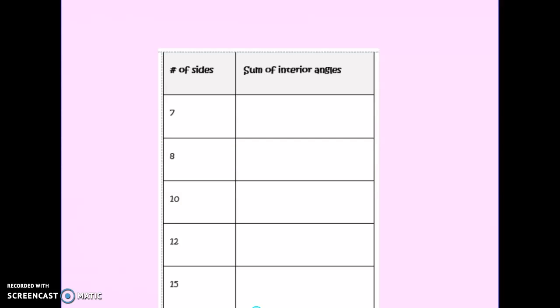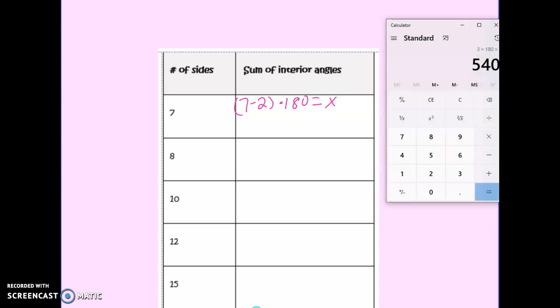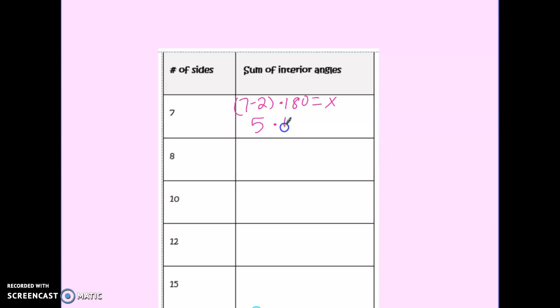So the first one's 7, so we have 7 subtract 2 times 180 gives us x. So that's 5 times 180, which is 900.